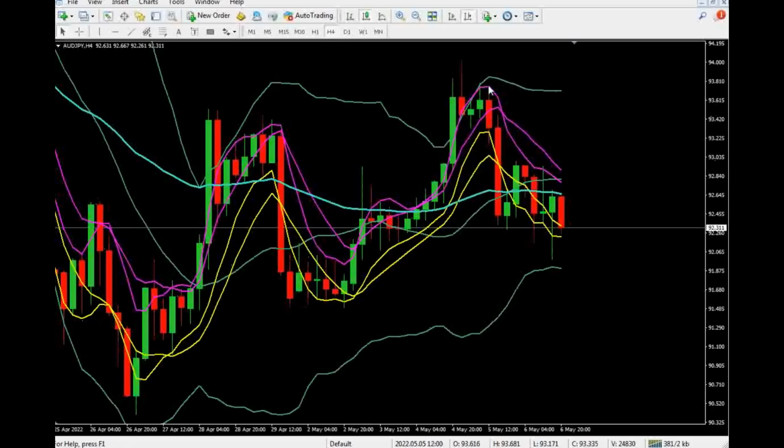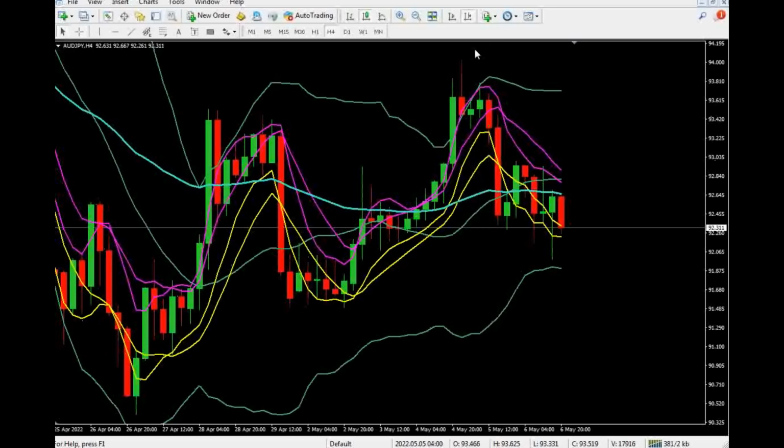So people sell position in here. Before selling, we need to know where the cut loss position is, and we already know it is in here.